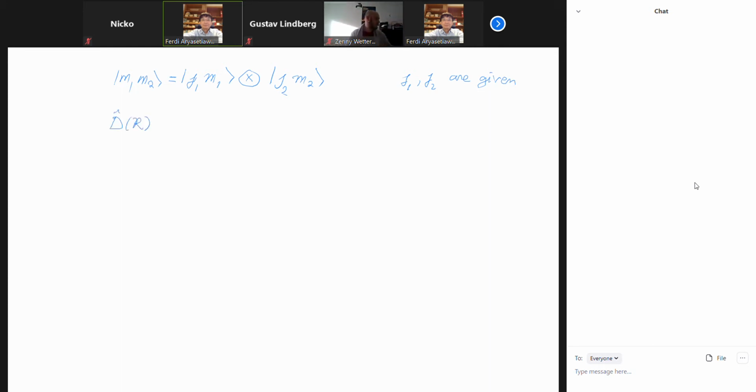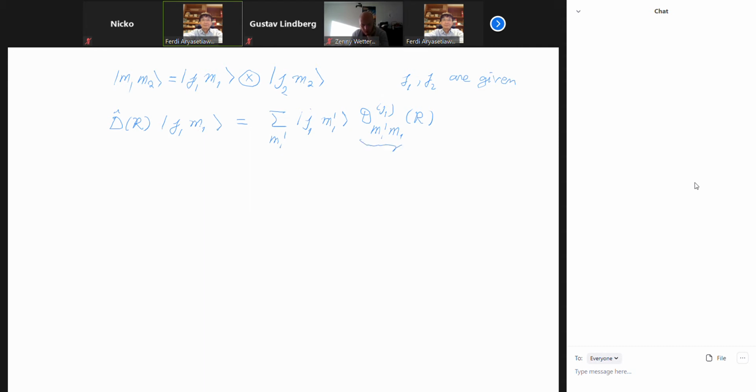If I just look at one angular momentum state, that we know is given by a sum over M prime, same J but different M. So you know that if you rotate an angular momentum state, then it's a linear combination of the other M components.